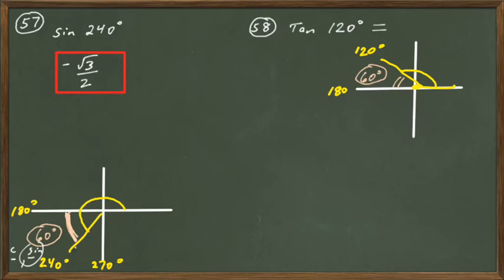The tangent of 60 degrees is just radical 3. In this quadrant, it's negative, positive. Always alphabetical, cosine, sine. Tangent is sine over cosine. So what's a positive over a negative? Hopefully this answer is a negative radical 3.